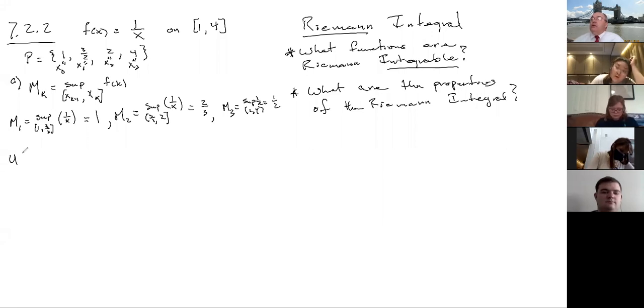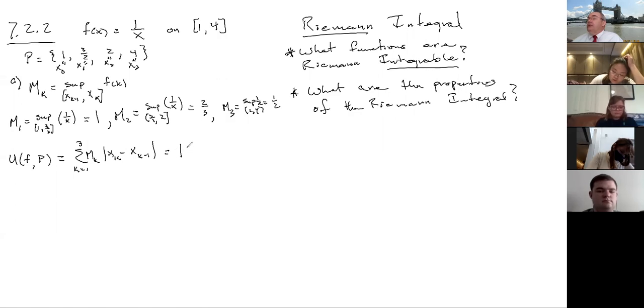And then the upper sum is just the sum from k equals 1 to 3 of these supremums times x of k minus the distance, the width of our subintervals. So in our case, when k is equal to 1, we plug that in. M sub 1 is equal to 1.